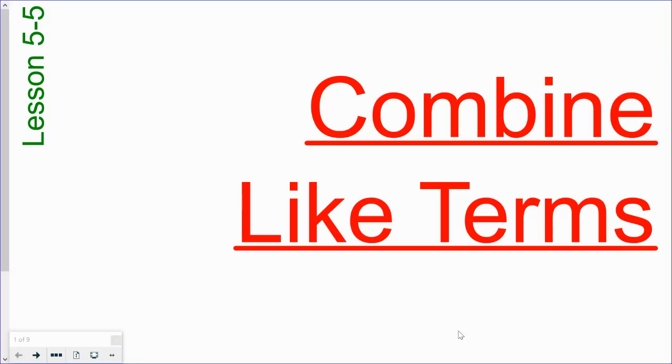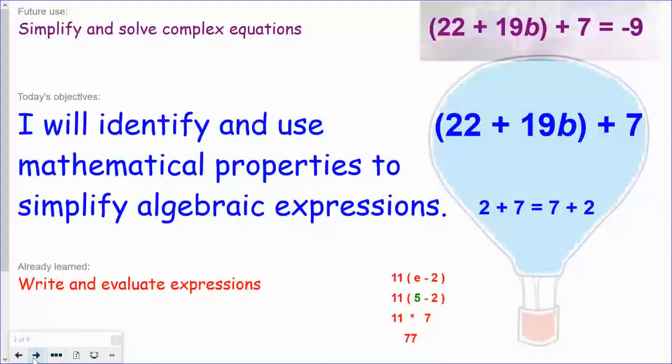So today we are going to work on combining like terms. In your textbook, this is chapter 5, lesson 5. Today we want to make sure that we're able to identify and use mathematical properties to simplify our algebraic expressions. And that's what we're doing when we're combining our like terms.